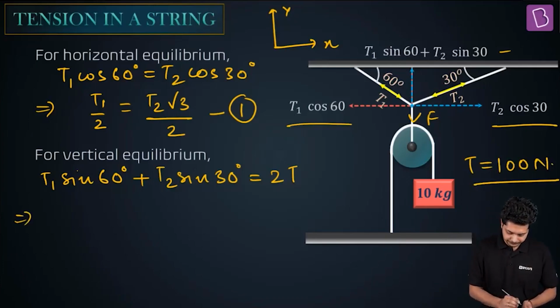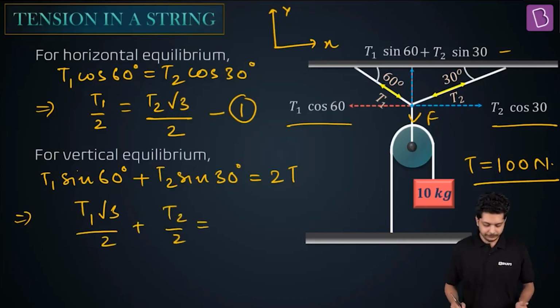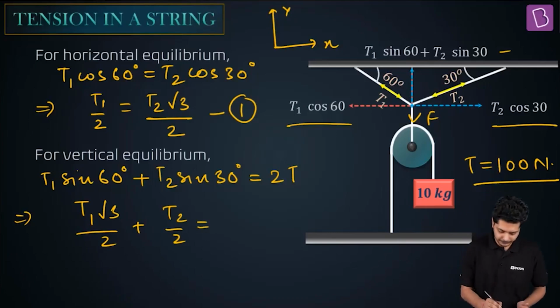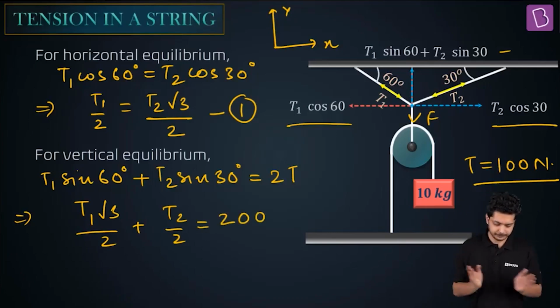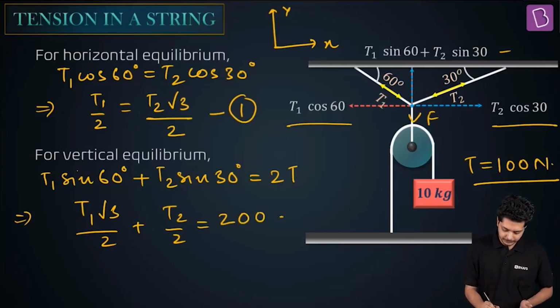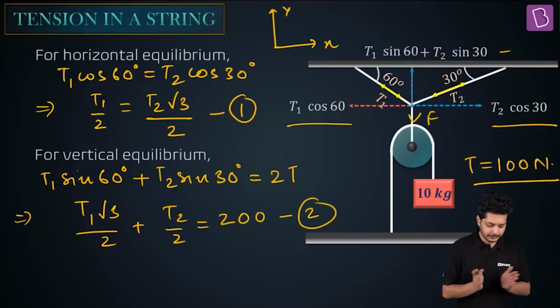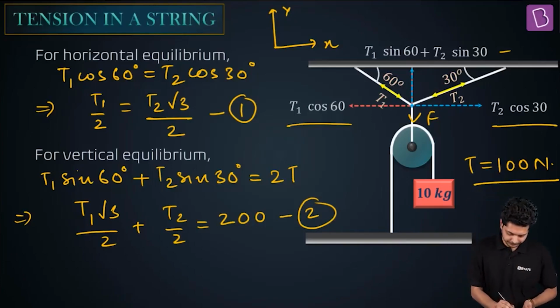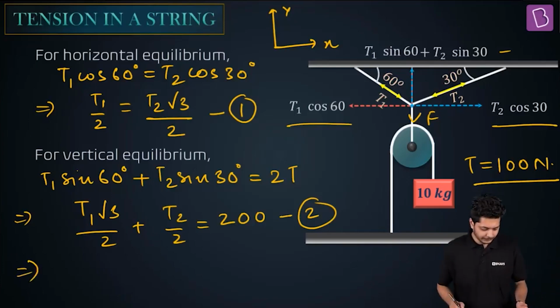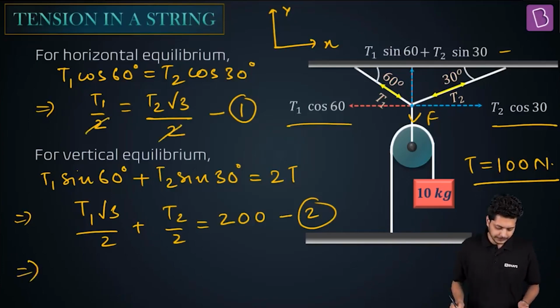Let's solve it. Here we have T1 root 3 by 2 plus T2 by 2 is equal to, if we place the magnitude of T, 200. Now placing the value of T1 in equation 2 from equation 1, T1 will be equal to root 3 T2.